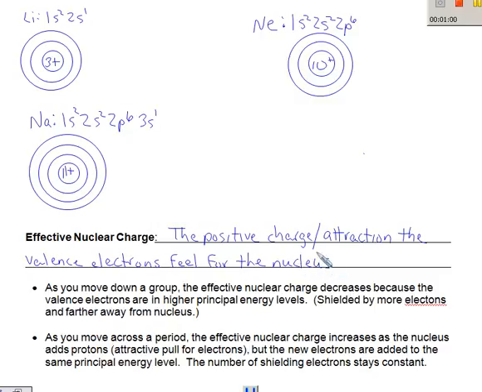Let's go ahead and draw these electrons. These were in from last time's note. Let's go ahead and put the electrons in here. We had 2 electrons in the inner principal energy level, and a total of 8 in the outside valence shell.